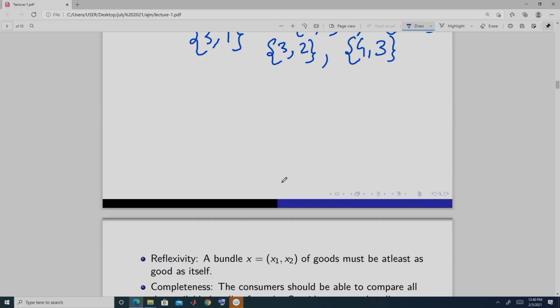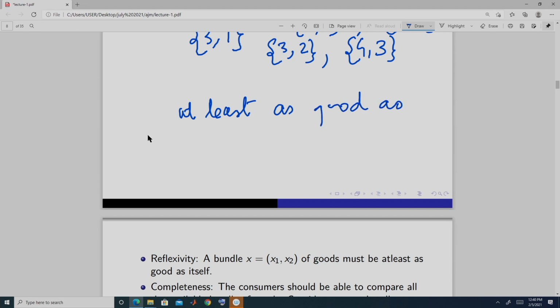So now here we introduce a binary relation, and that is "at least as good as."